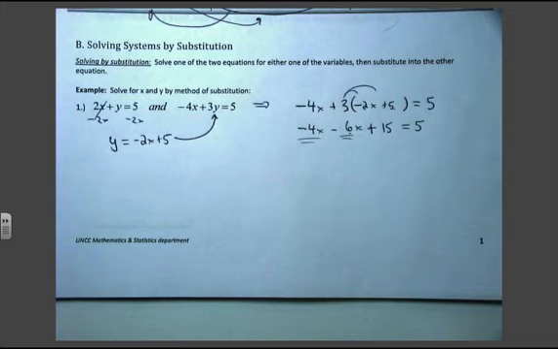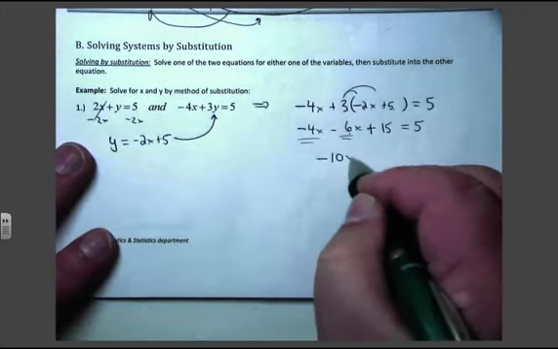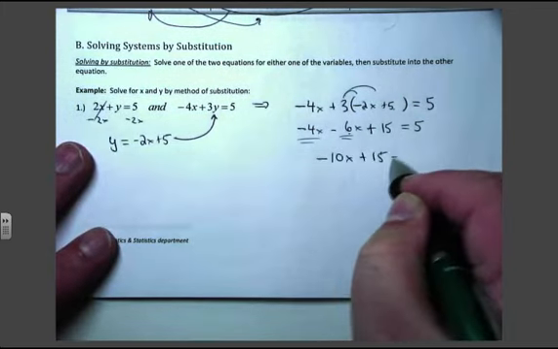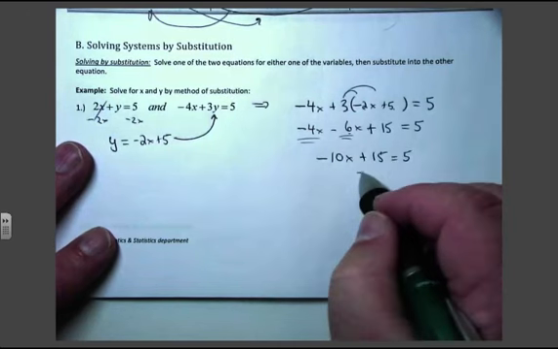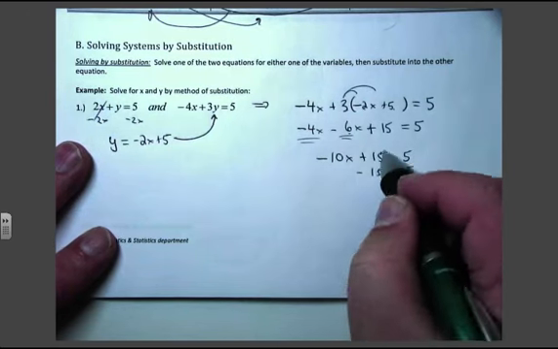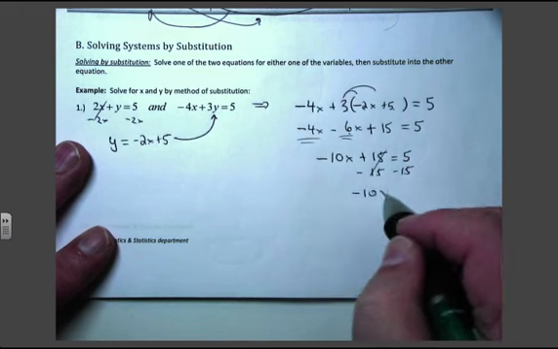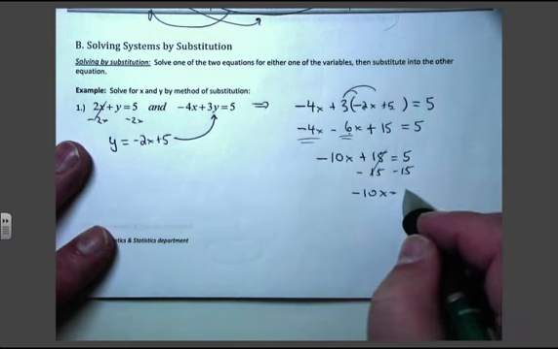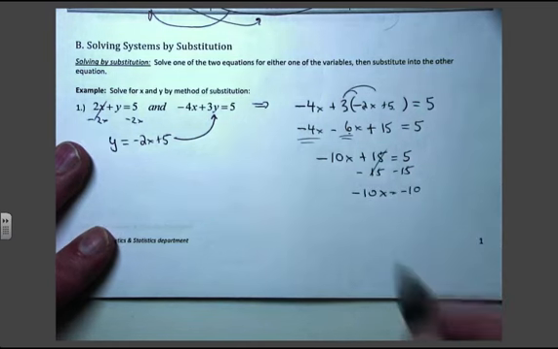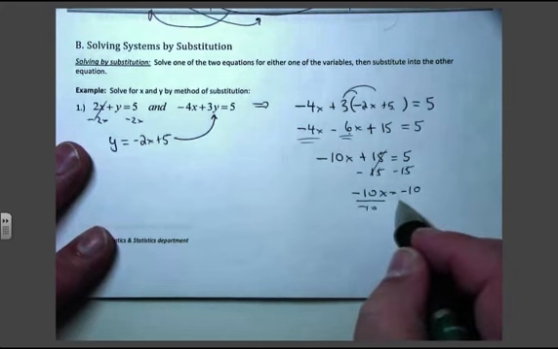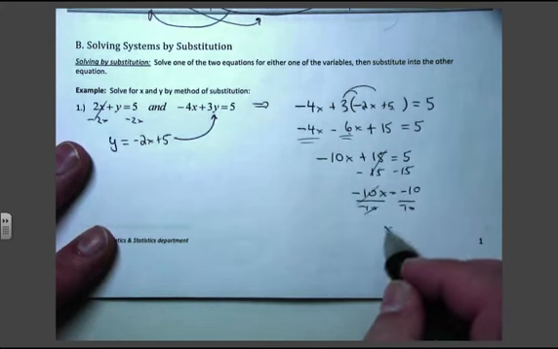How much do you got? Very good. Negative 10x plus 15 equals 5. I'm going to subtract 15 from both sides. That cancels. That gives me negative 10x equals 5 minus 15, which is negative 10. Then I'm going to divide by negative 10 on both sides. Negative 10 divided by negative 10 is 1.